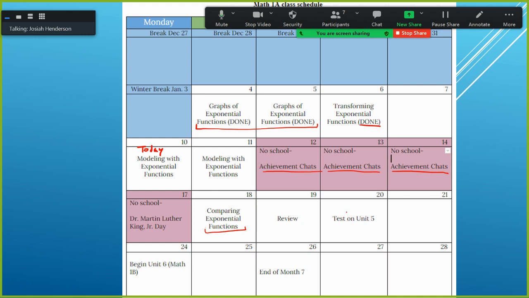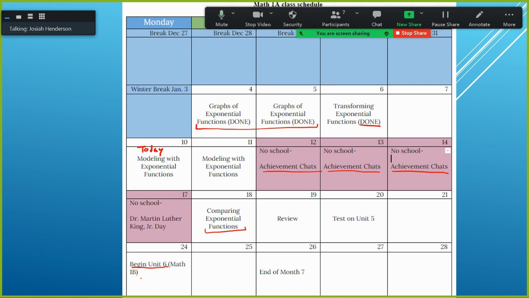And we'll take our test on Thursday, the 20th. Then right away, we're starting Unit 6 on Monday, the 24th, down here. That unit will be done in the new month, month 7, but we need to start then. That's when our principals told us to have the new semesters beginning.